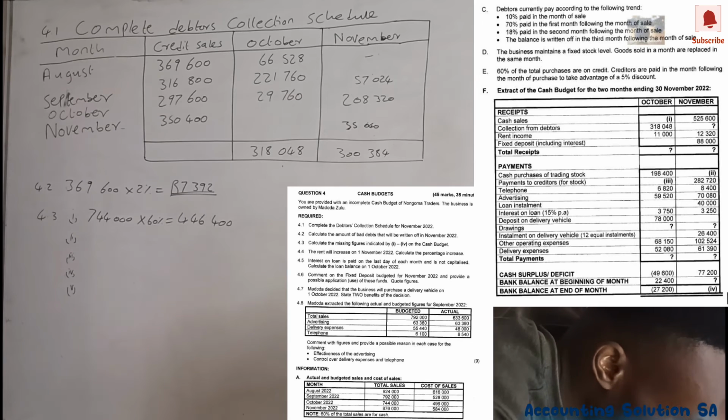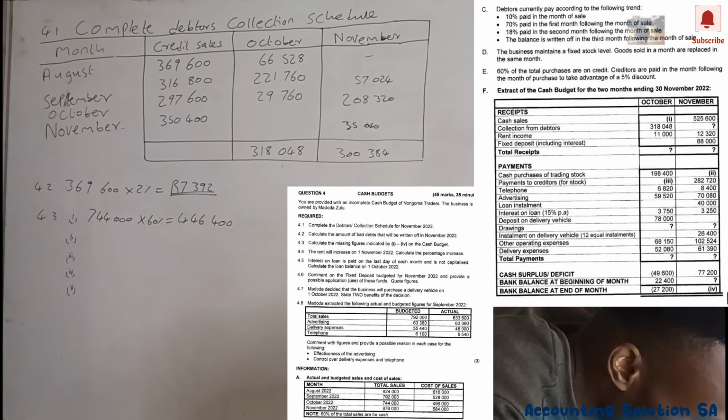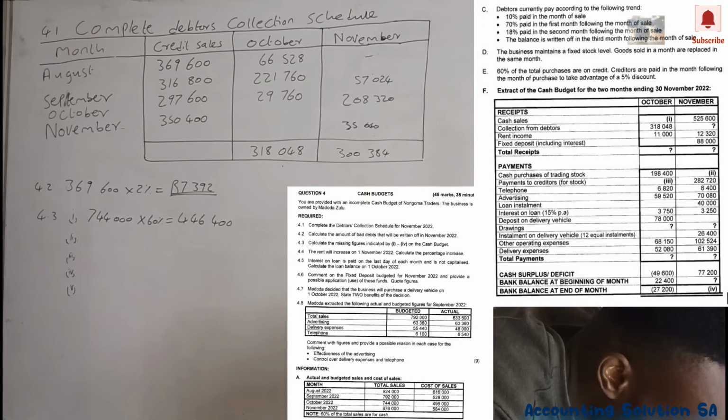Now let's check how much our total purchase is. Let me scroll, my PC is freezing on this side. What is it?